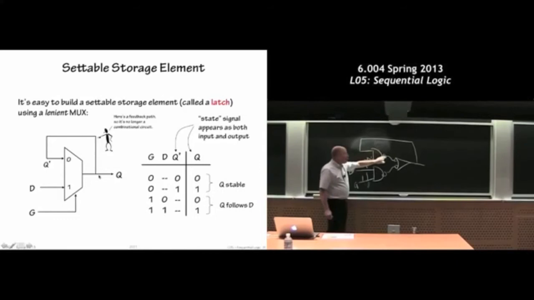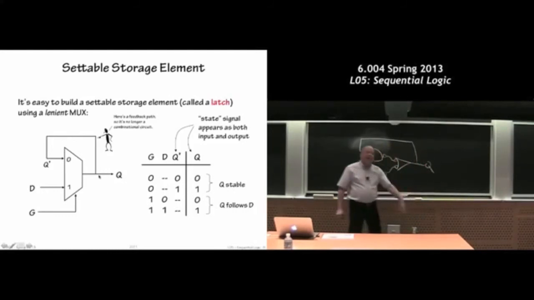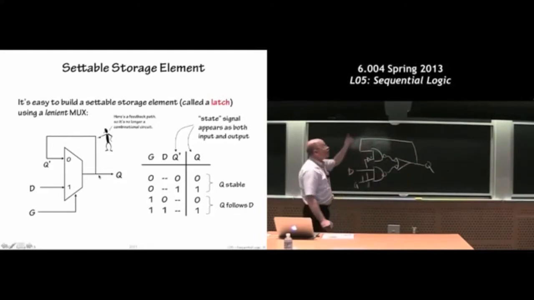So this gate is basically always turned off. The AND gate isn't participating here. With a 1 here, whatever comes in on D will show up on Q. So when the gate is open, the G signal is high, information flows through this device.